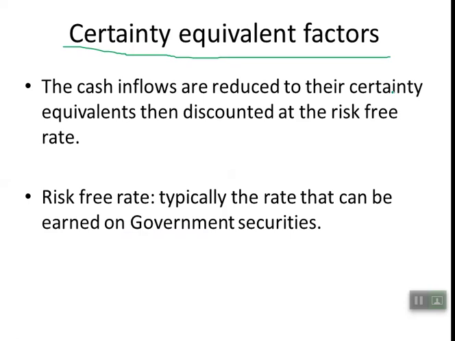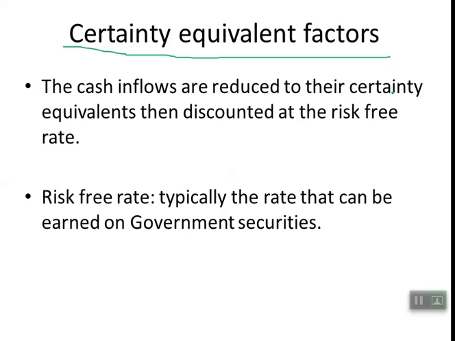So the first step that you do in a certainty equivalent factor is to adjust your cash flows with that certainty equivalent factor. Meaning you are going to get your cash flows times the certainty equivalent factor. So once you do that, you get what is called the certainty cash flows.